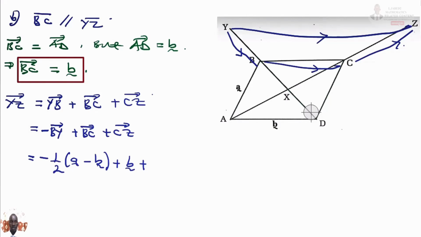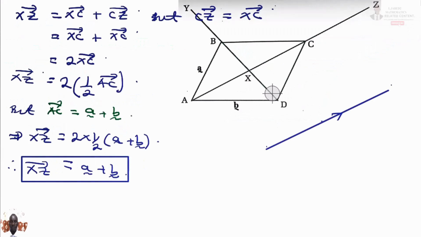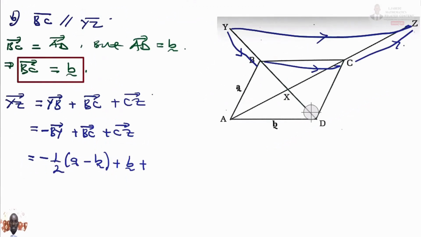Let us check whether we got vector CZ. Vector CZ is the same as vector XC, but our vector XC is a half vector SC, and our vector SC is A plus B. So it implies that our vector CZ is a half vector AC.